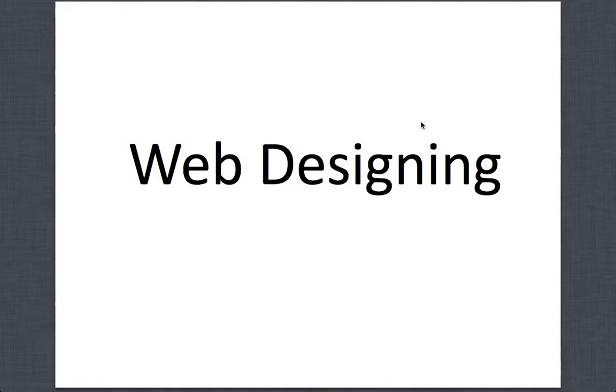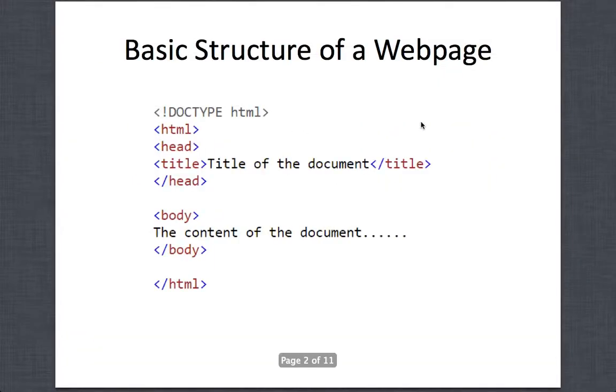Okay, so first we are going to see the basic structure of a web page. We have to start with an exclamation mark. The tag, you all remember the brackets that specify the tags.